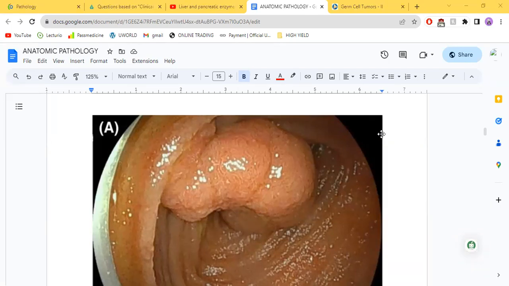Now, there are some conditions that commonly present with hamartomatous polyps, where if you have them, you probably have a hamartomatous polyp. So what are some of these conditions that present with hamartomatous polyps in the colon?